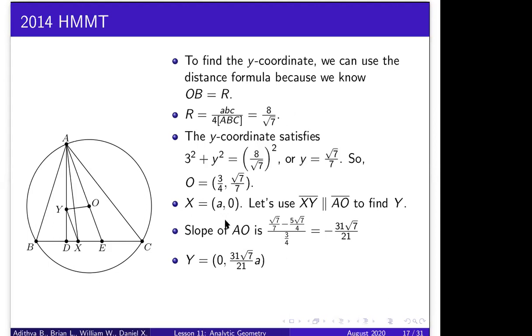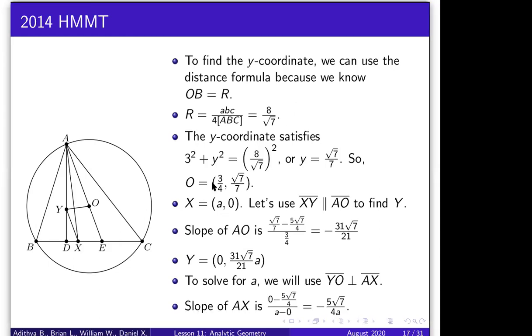So first we have to find the slope of OY, or first we'll do the slope of AX. So the slope of AX is 0 minus 5 root 7 over 4, divided by a minus 0. So that's negative 5 root 7 over 4a.